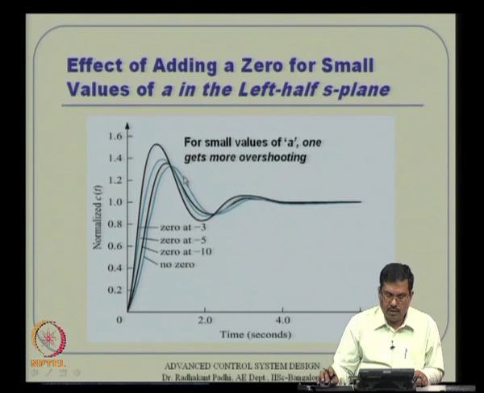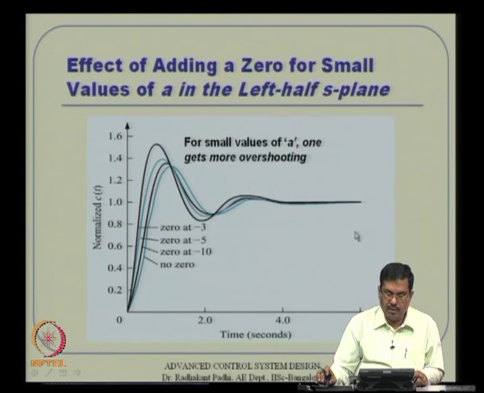With no 0, that is the response, and with 0 equal to minus 3, that is the response. The 0 at minus 10, far away, is very close to as if there is no 0, minus 5 is a little closer, minus 3 even closer. So the closer it is to the origin, the more overshooting behavior the response has.